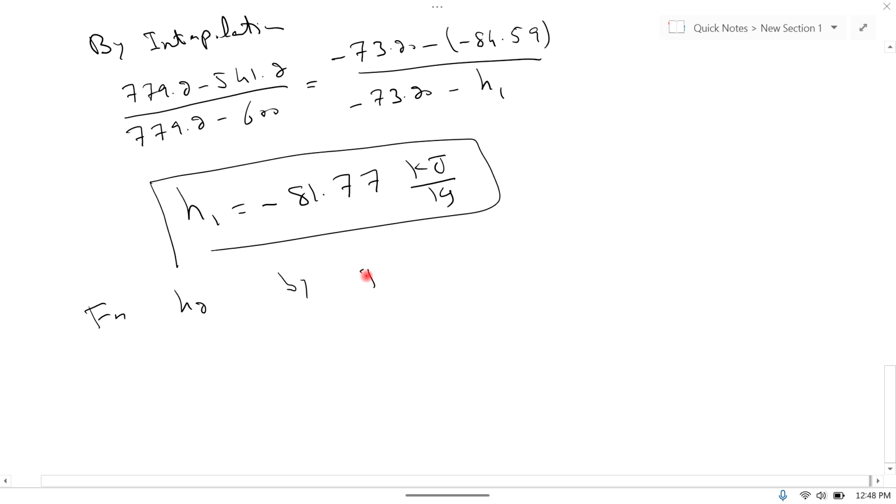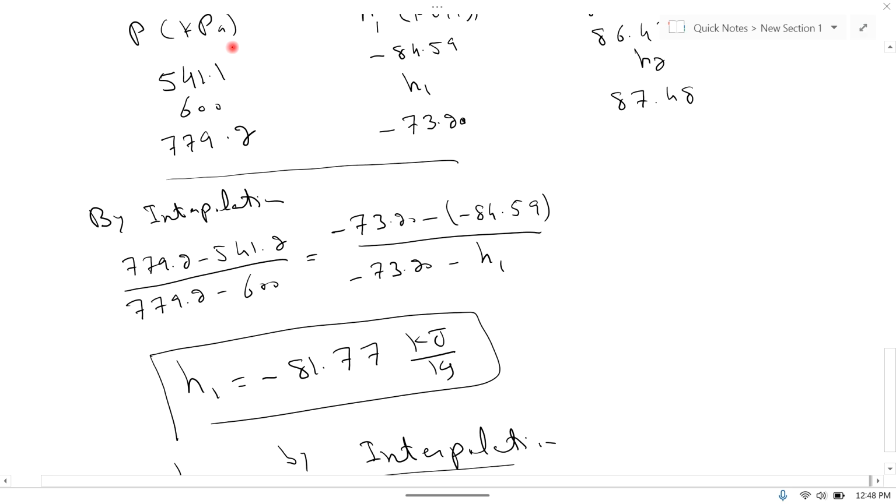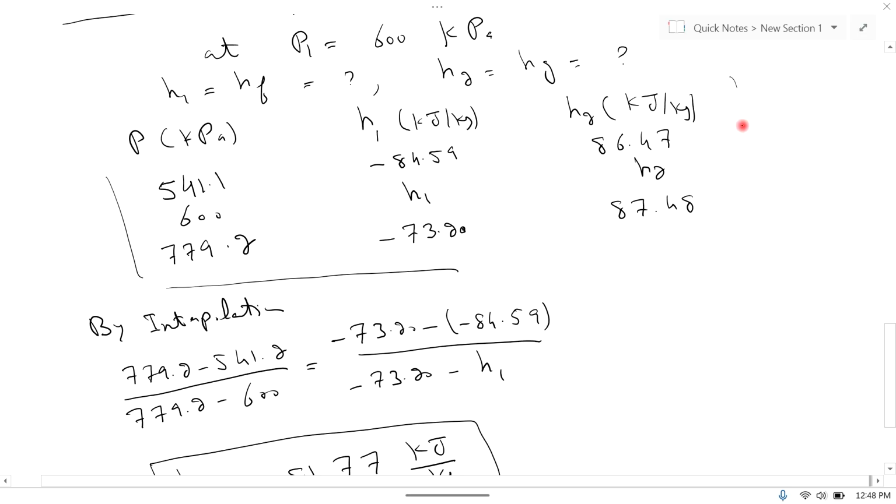Now for H2, by interpolation, so do interpolation in pressure value and in H2 values.